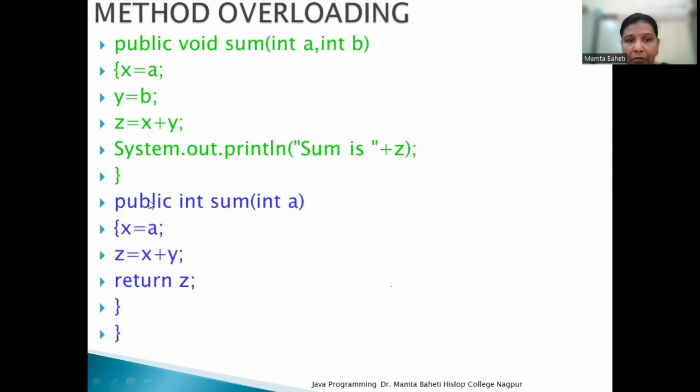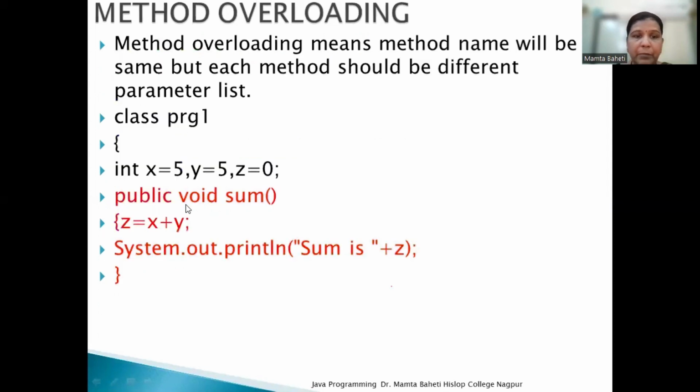In the third one, I'm passing only one value, and after total it is returning me the sum of it. Here it is not returning any sum, so here the return type is void. Here the return type is int. And in the previous one, the return type is void with no parameters.